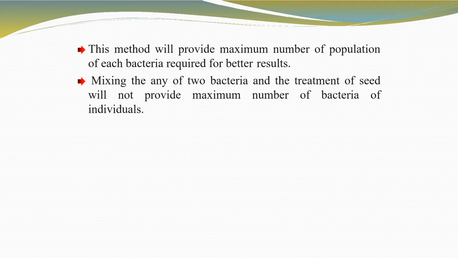This method will provide the maximum population of each bacteria required for better results. Mixing any 2 bacteria and treating the seed will not provide the maximum number of bacteria of individuals.